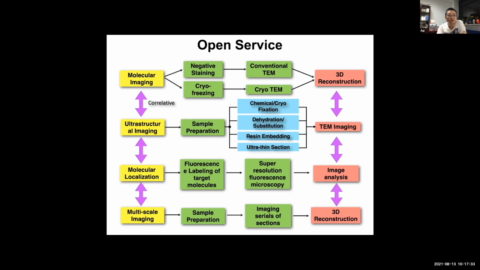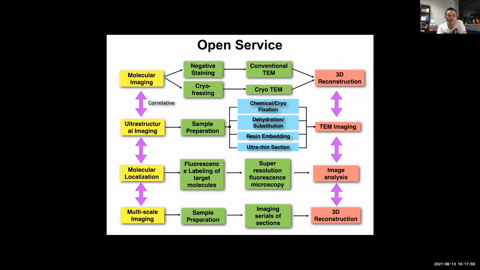And sometimes we also provide services to other countries. Our service includes molecular imaging, ultrastructure imaging, molecular localization and multi-scale imaging. Besides imaging techniques, we also provide services for sample preparation.